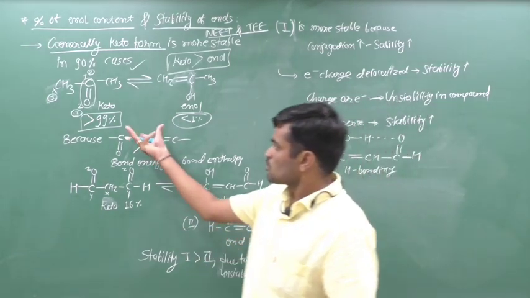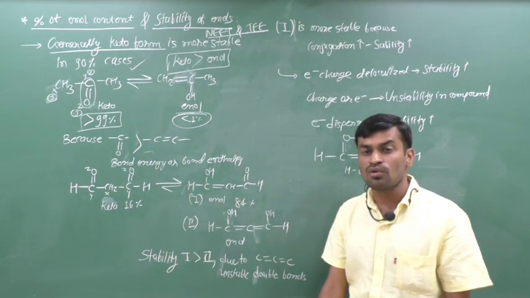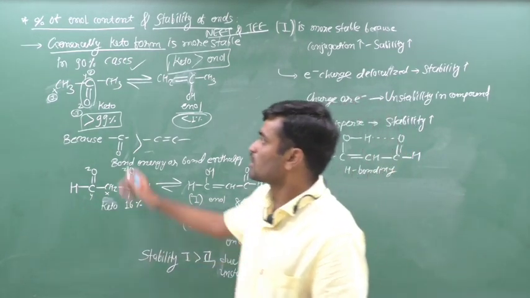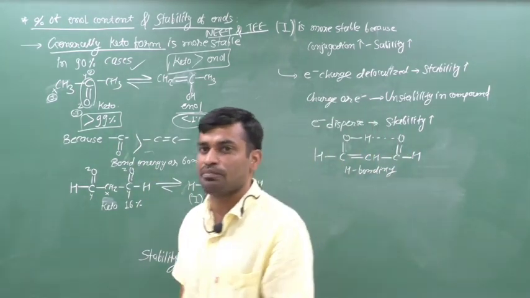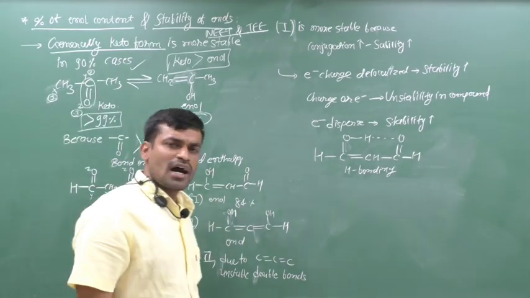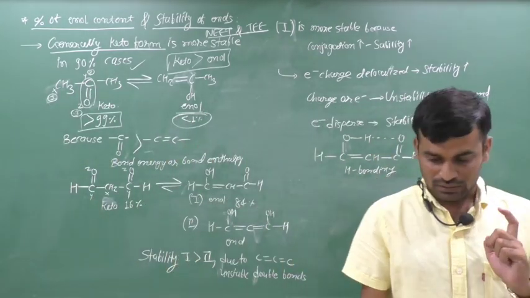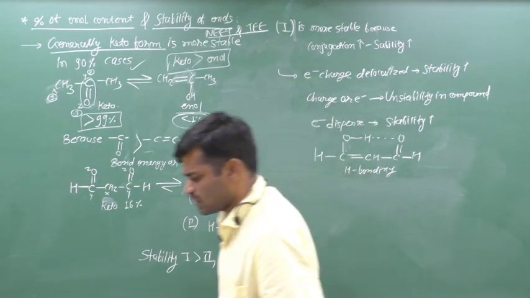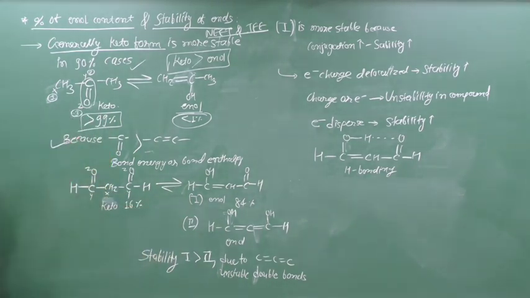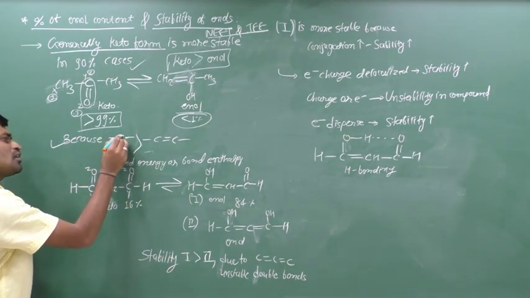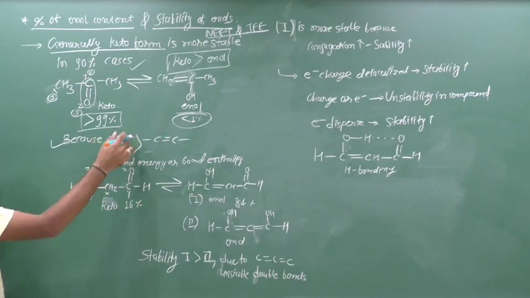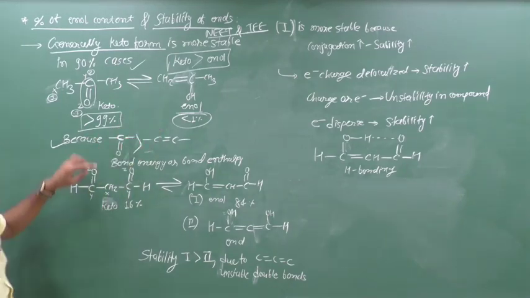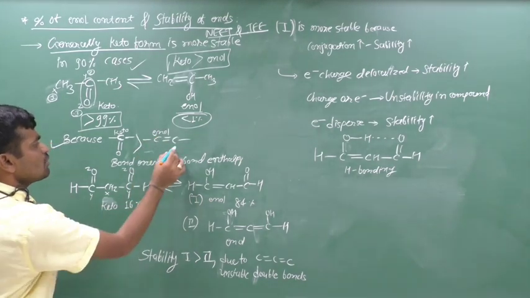Both forms exist in dynamic equilibrium, but the larger amount is the keto form, due to its higher stability. Someone can ask why the keto form is generally more stable than the enol form. The reason is that the keto form has the carbonyl group, C double bond O, while the enol form has a carbon-carbon double bond.